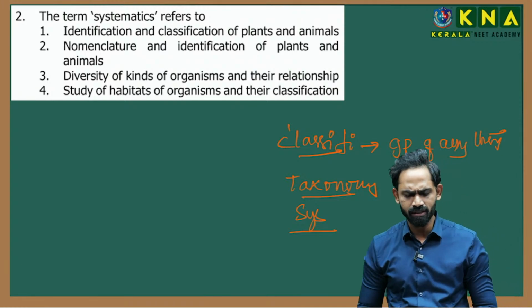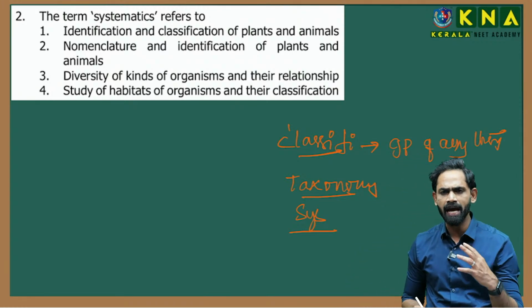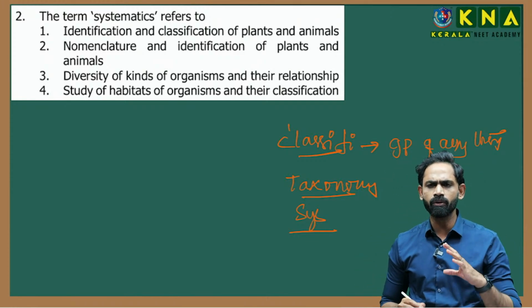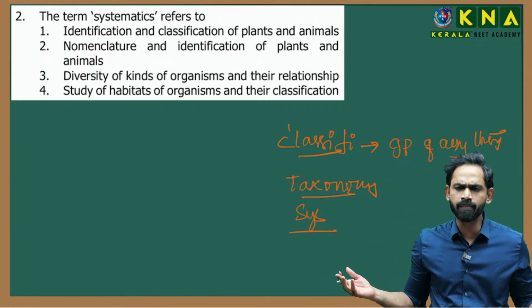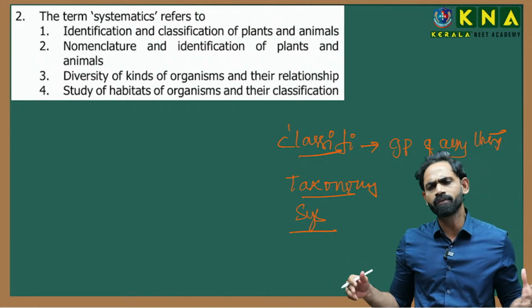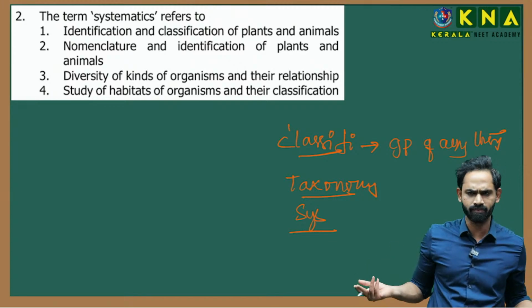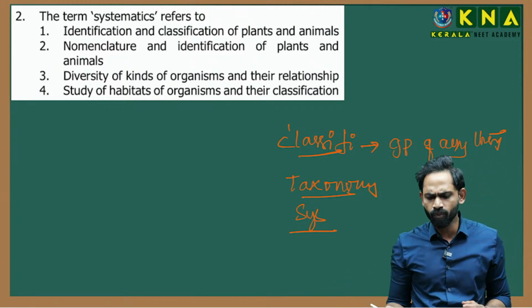Understand the difference between classification and taxonomy first. Classification is a grouping of anything. Anything means classification of living objects, classification of non-living objects.